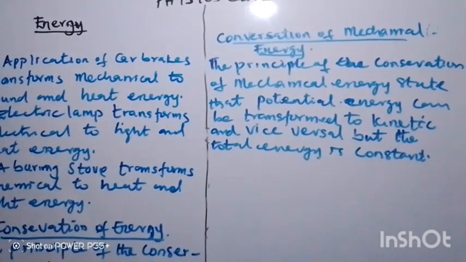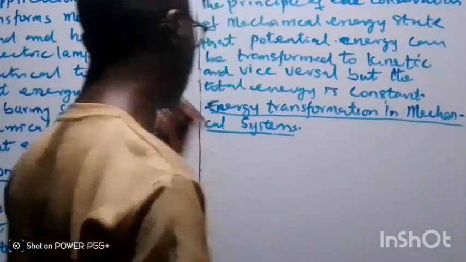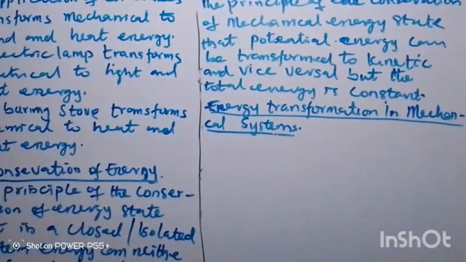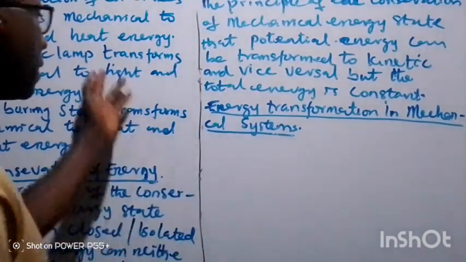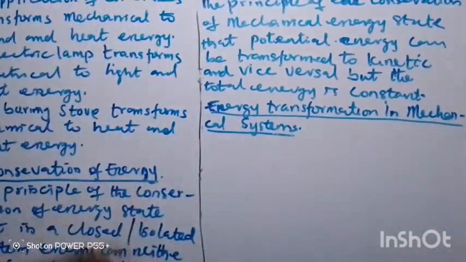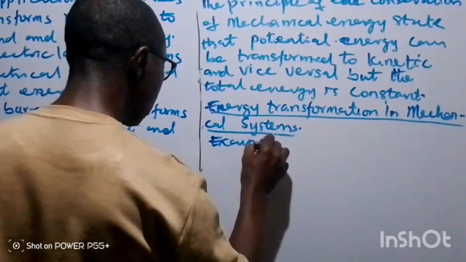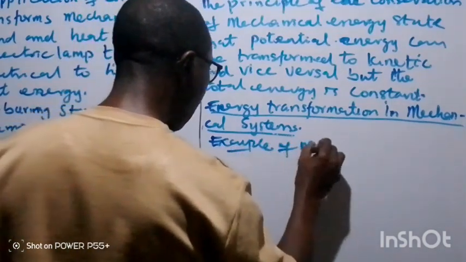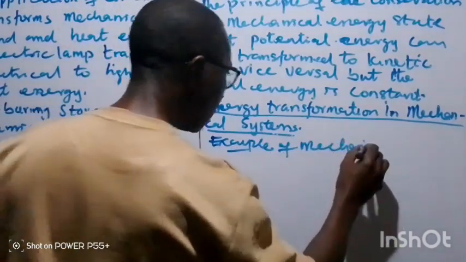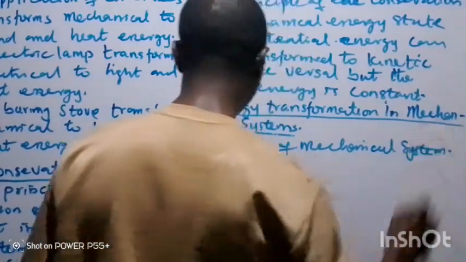We are going to look at energy transformation in mechanical system. The other time we made examples of mechanical system. Now, under this topic, we are going to stick to two examples, and the examples we are going to use are examples of mechanical system. 1.